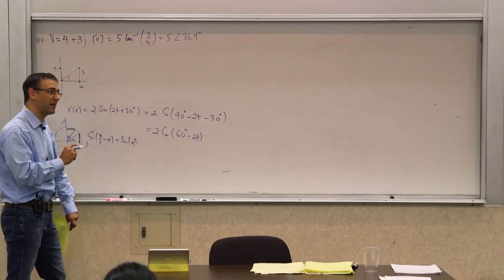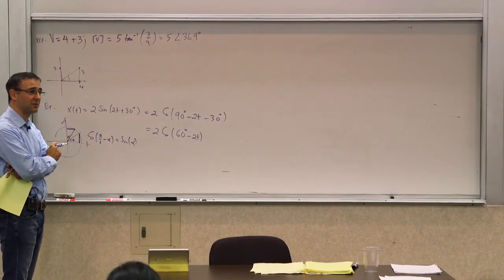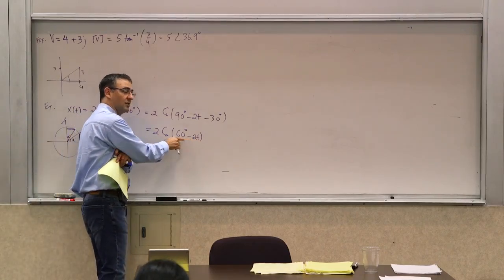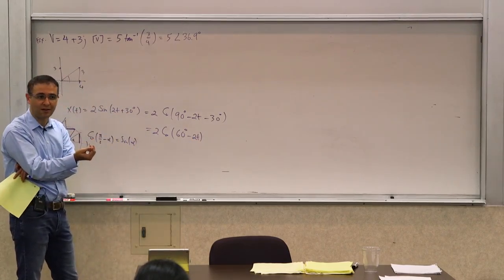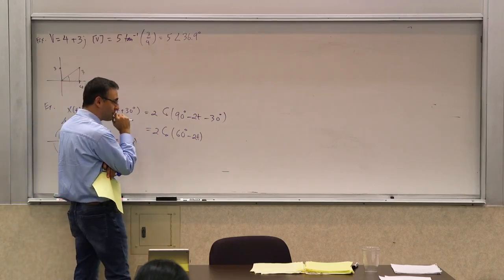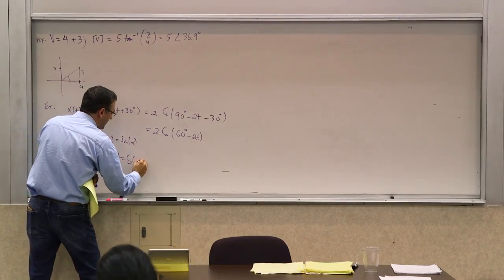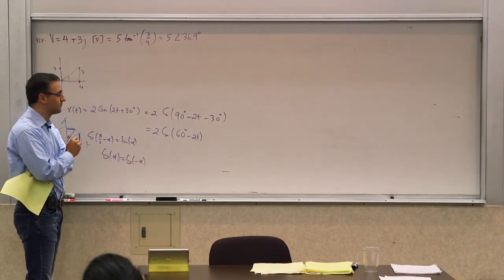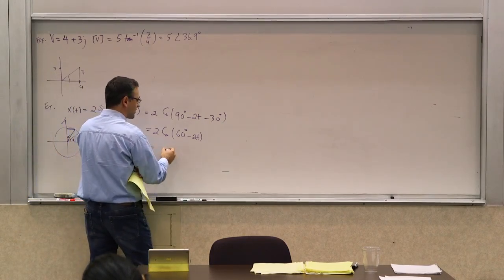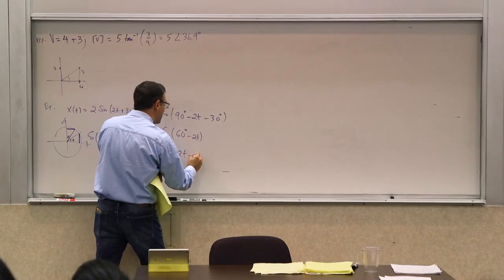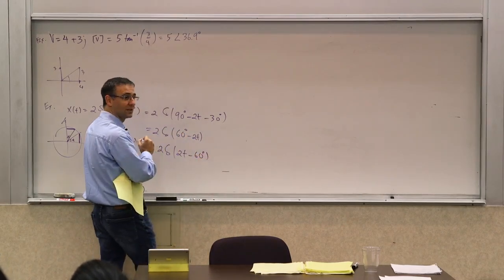So what is my phase and amplitude? Was my phase 60 degrees? No, because it has to be referenced to the right omega. This is rotating in the opposite direction, so I have to flip this. I know cosine of alpha is equal to the cosine of negative alpha. So I just flip the sign of the argument, which gives me 2 cosine of 2t minus 60 degrees.